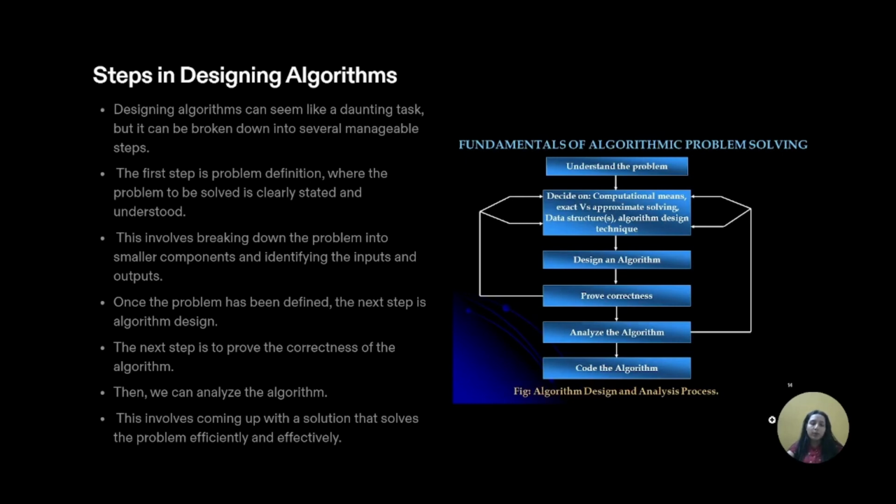Once the problem has been defined, the next step is algorithm design. The next step is to prove the correctness of the algorithm. Then we can analyze the algorithm. This involves coming up with a solution that solves the problem efficiently and effectively.